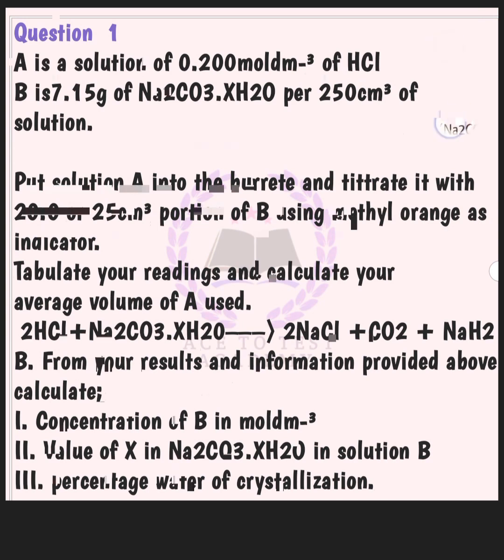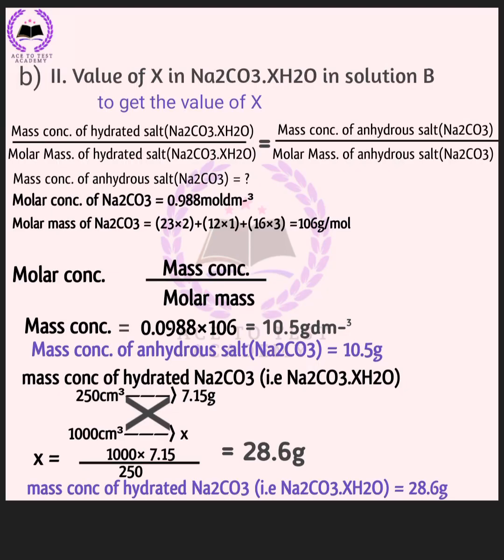Normally we would use the molar mass calculation, but we are not given the molar mass of this because we don't know the value of x. Though it's 10, they won't tell you. So we can't use that; we have to use the formula for calculating water of crystallization.